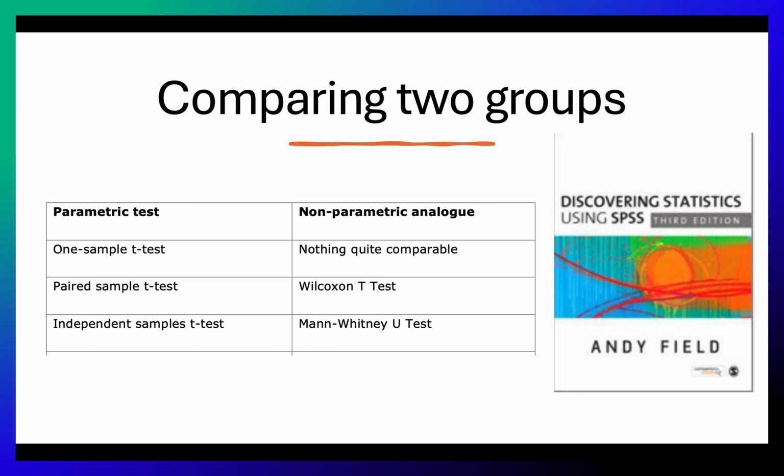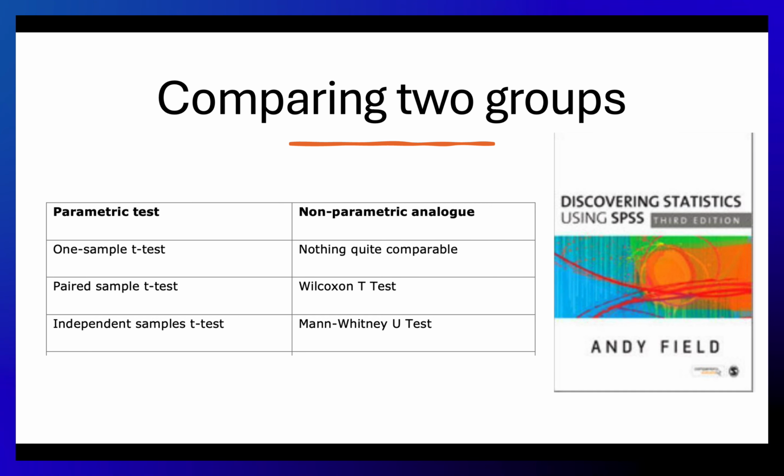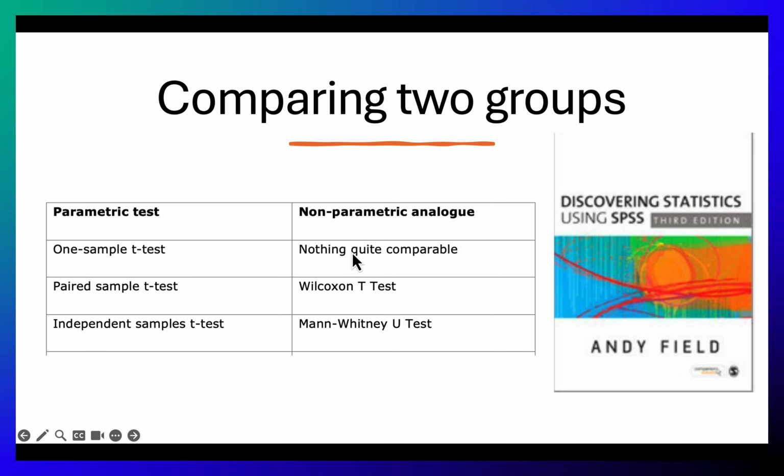All right, so here are some examples of key parametric tests and their non-parametric equivalents. In this presentation, I'm going to focus on demonstrating these three types of analyses here in the first column: one sample t-test, paired sample t-test, and independent sample t-test. Just so you know, here are their equivalents on the non-parametric side.